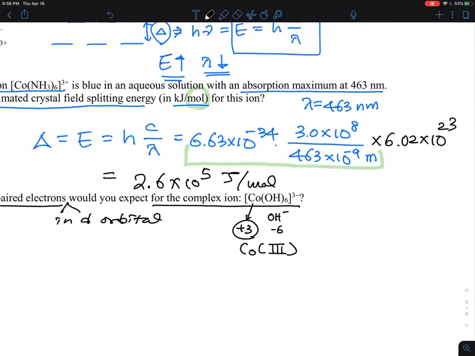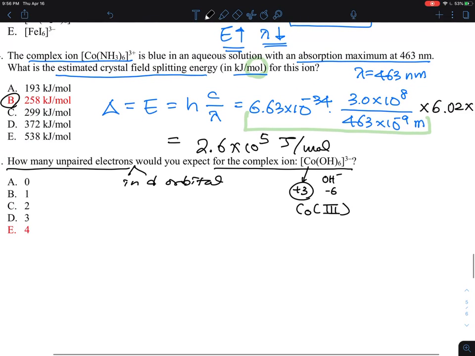Looking at the periodic table, cobalt has Z equal to 27. Where is cobalt here?